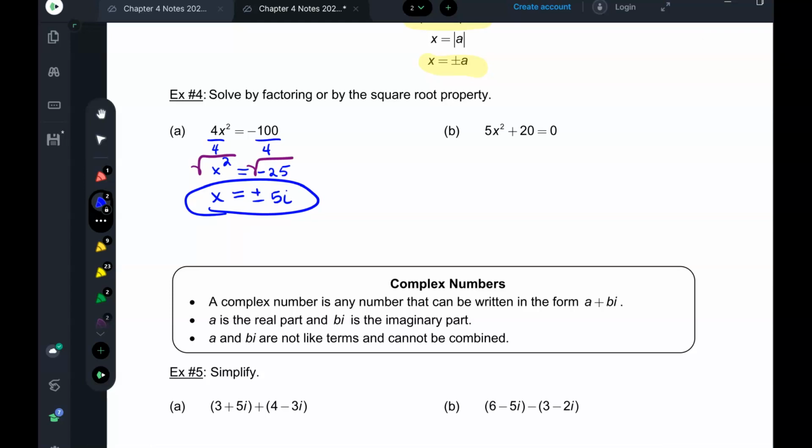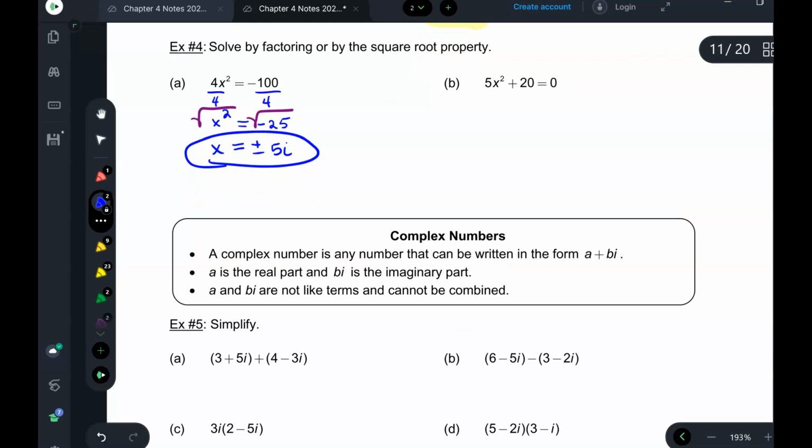Well, if I do -5i times -5i, it'll still be 25i squared, which gives us -25. -5 times -5 is positive 25, and i times i is i squared, and i squared is negative 1.